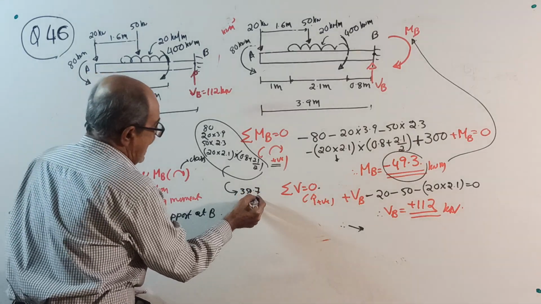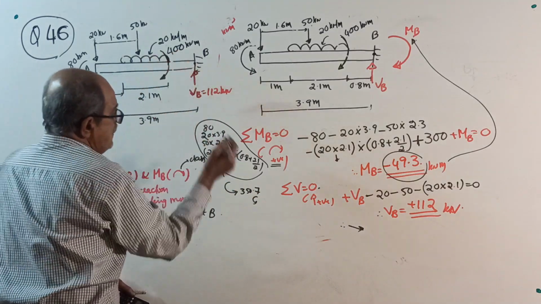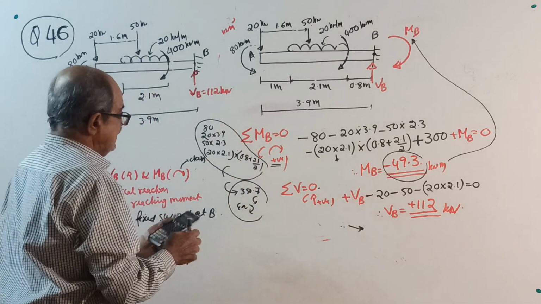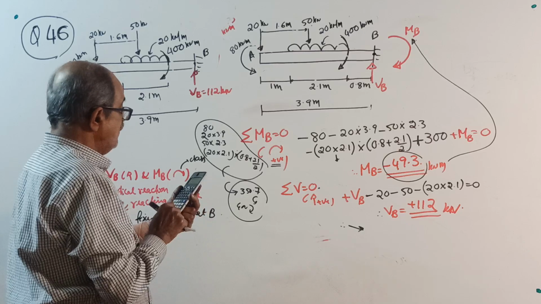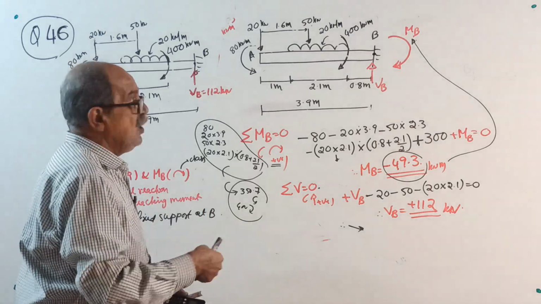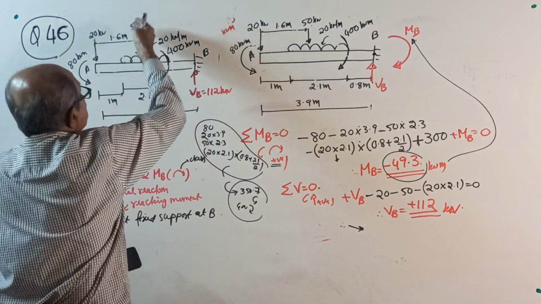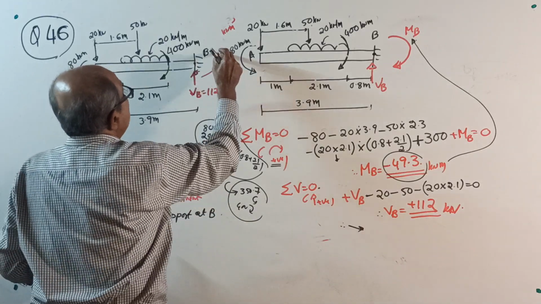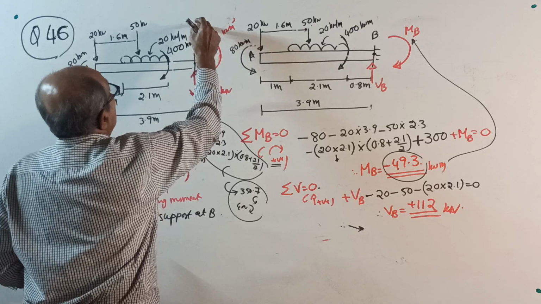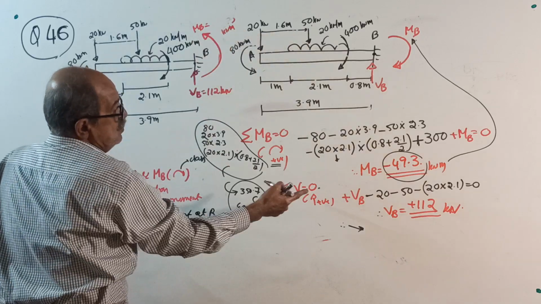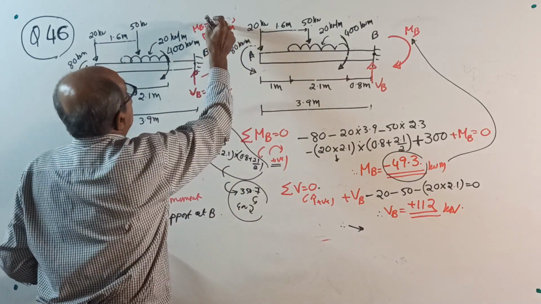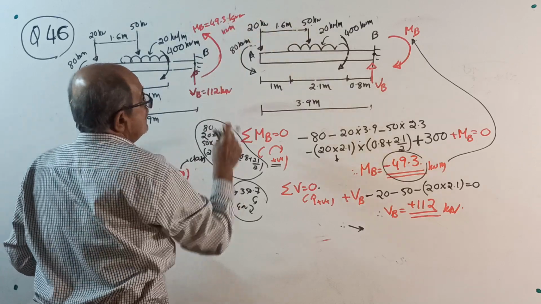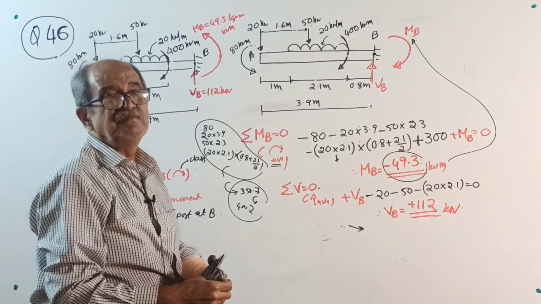Yes, that much anti-clockwise, but there's a clockwise couple of 400. Therefore, if you consider everything, net will be 49.3 clockwise. Since net effect is 49.3 clockwise, the balancing is anti-clockwise MB equal to 49.3 kilonewton meter. Over. Now, this class I am ending.